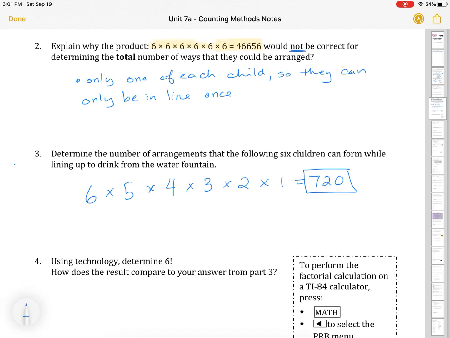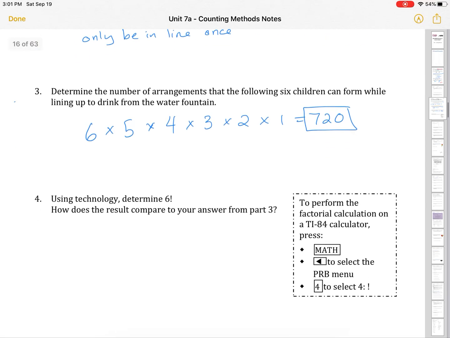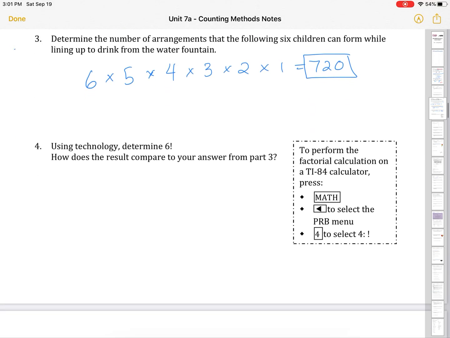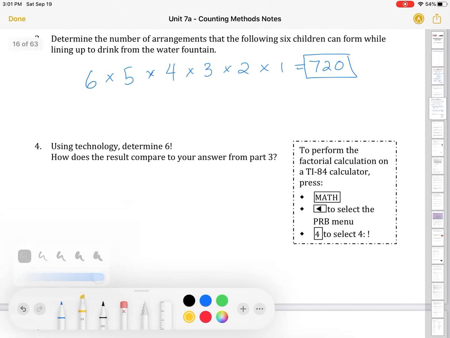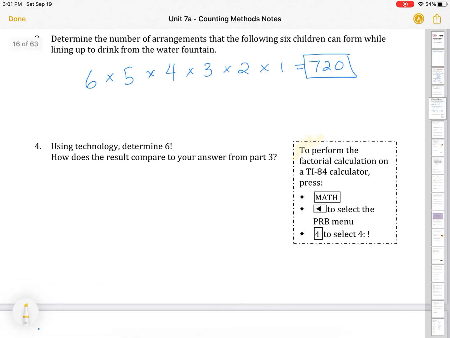Okay? Now, we can use factorials to help us do this. Now, what a factorial is, and we're going to use our technology, and I'll also make a little video showing you how this works on your calculator.